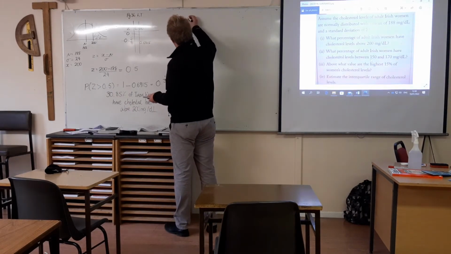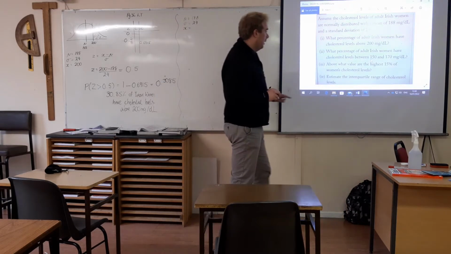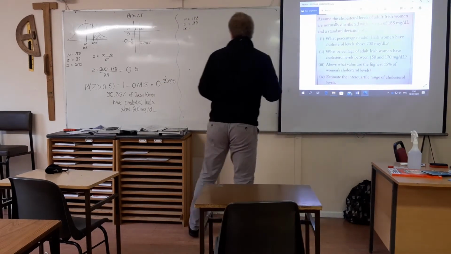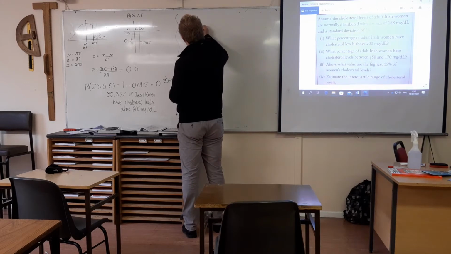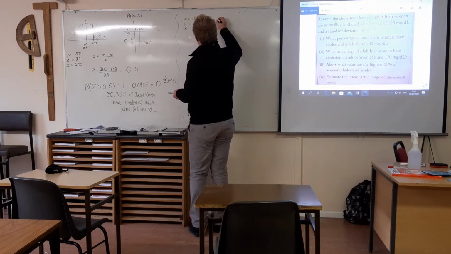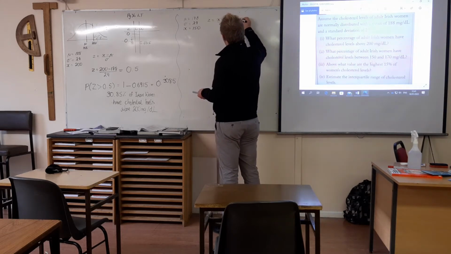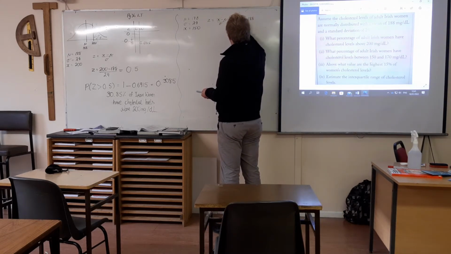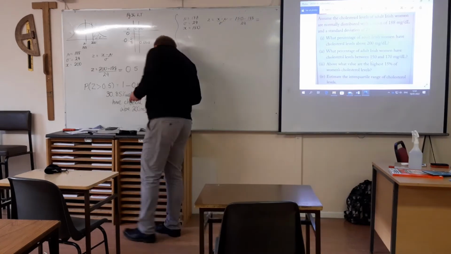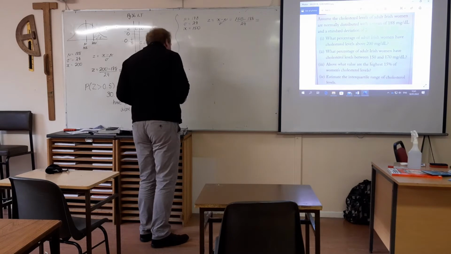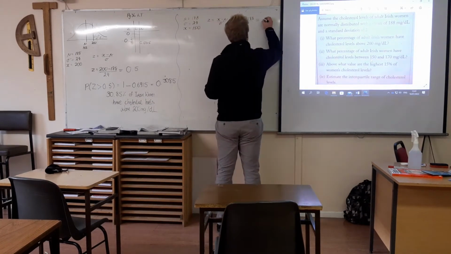Our mean is still 188, our standard deviation is still 24, and our x for the first one will be 150. We know that z is still x minus the mean over the deviation, which means we'll have 150 minus 188 over 24, which gives us that our first z-score is minus 1.58.